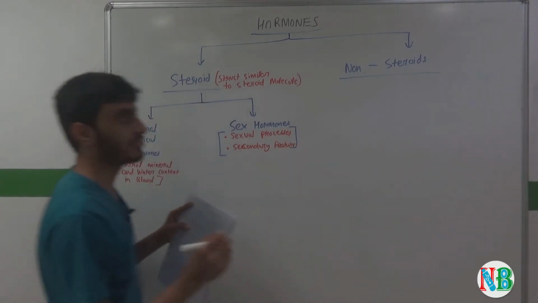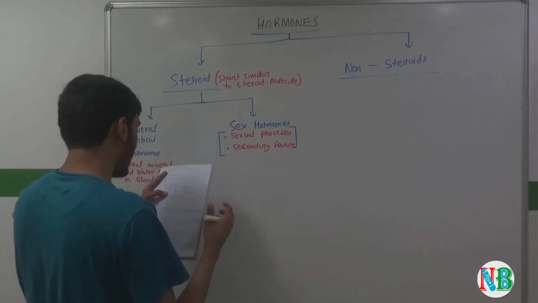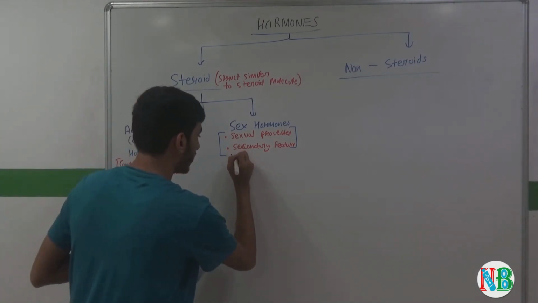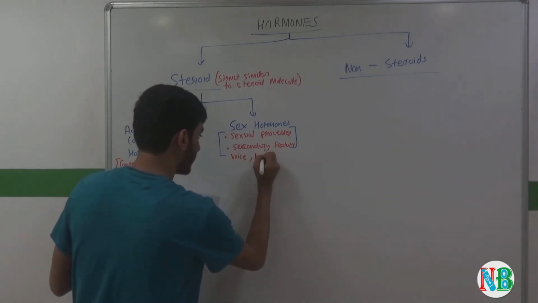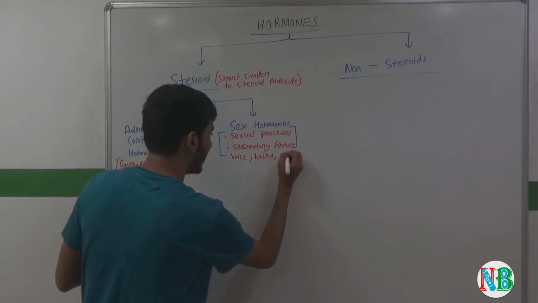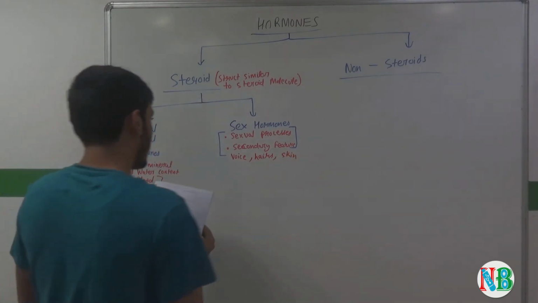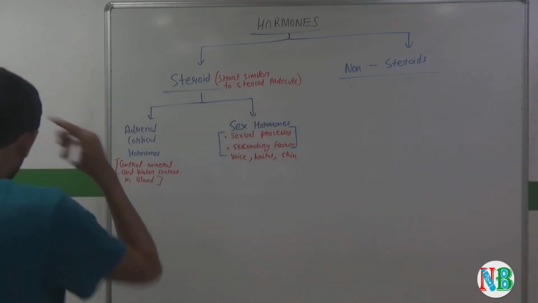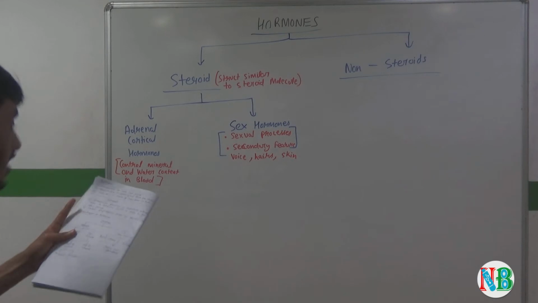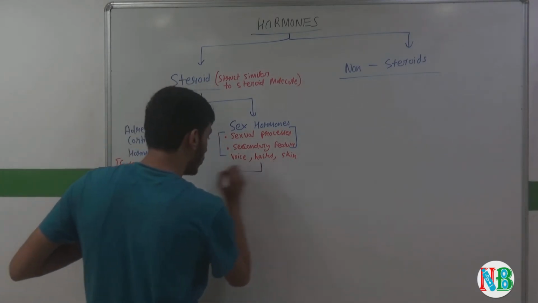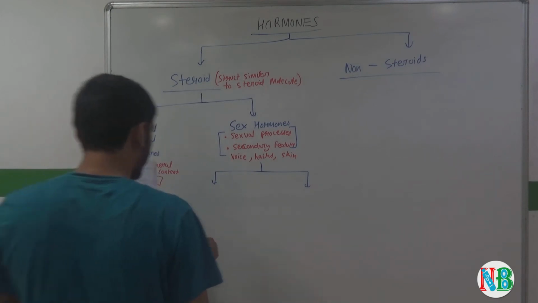Suppose as we grow up, we build a voice, hair, and skin. These are also done by sex hormones. Under this section we have two types, one for male and one for female.